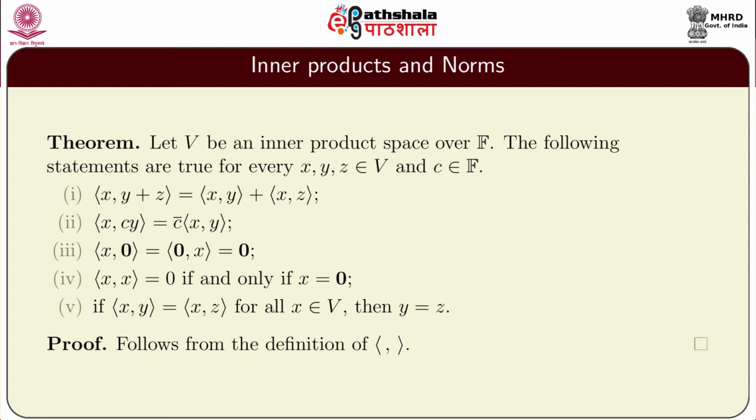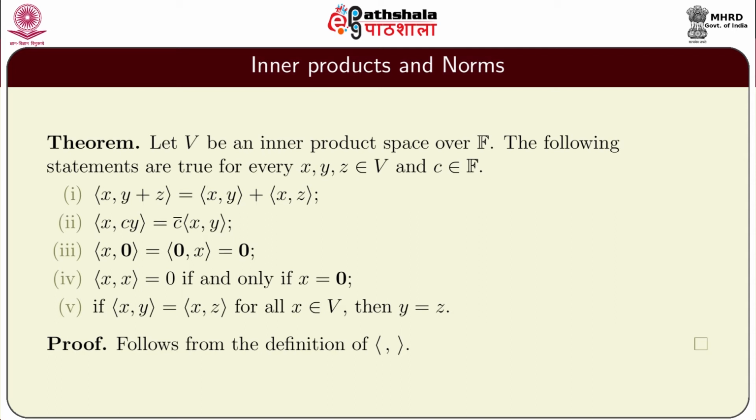Well, it makes sense because we know that inner product of x with itself is non-negative, and therefore, we can indeed define norm x is equal to the square root of inner product x comma x.